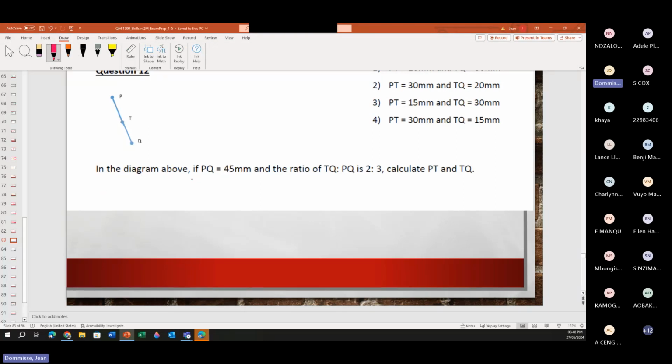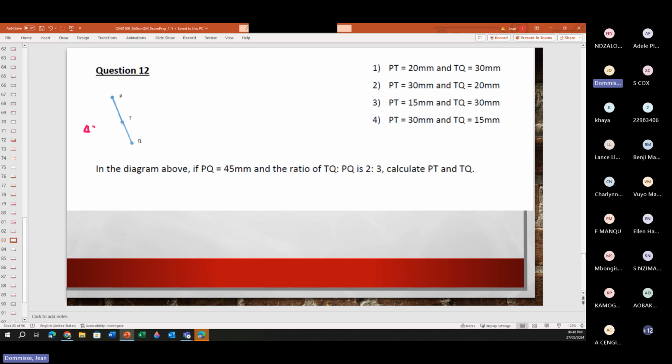If a diagram above, if PQ is 45 millimeters. Okay, so that whole line is 45 millimeters. And the ratio of TQ to PQ is 2 to 3.